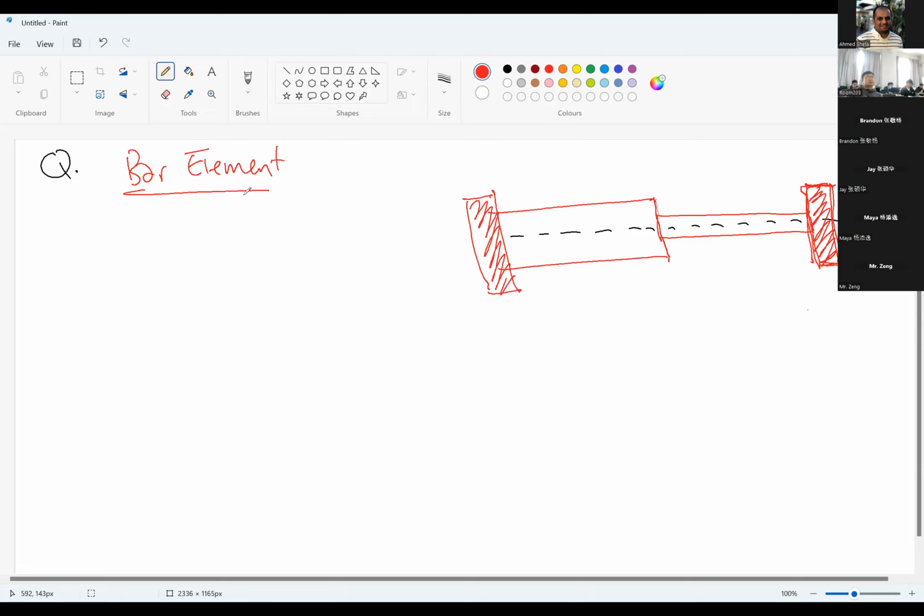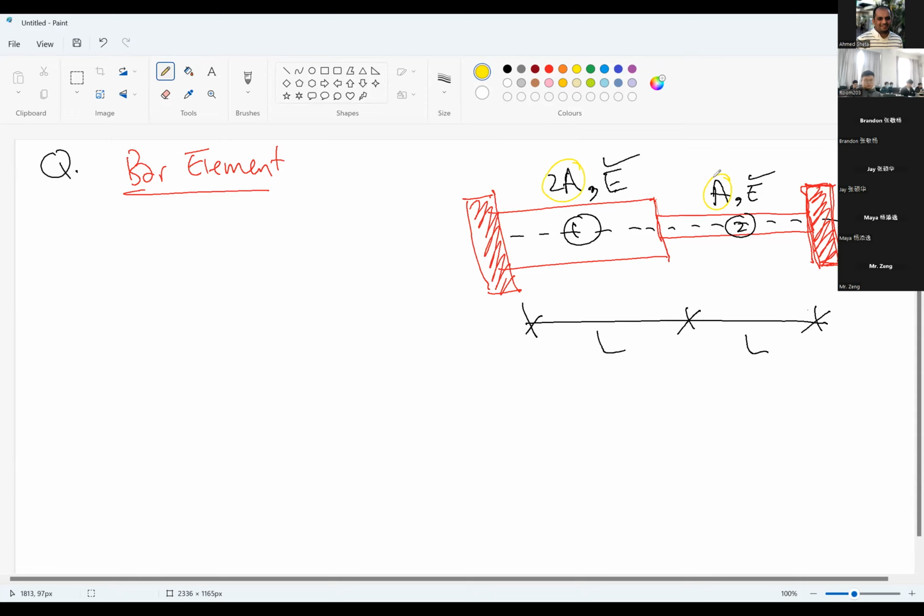It is given to us that the length of the two members is equal, L and L. But member number one has 2A and E, and member number two has A and E. So the value of E is similar, so they are from the same material, but the area of this one is double the area of this one.